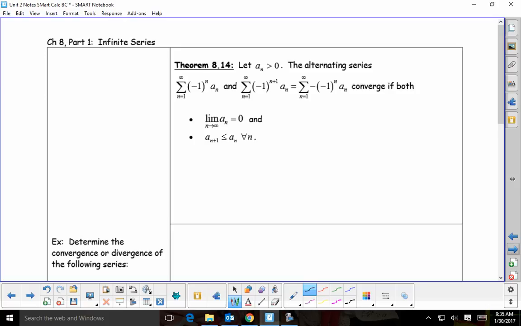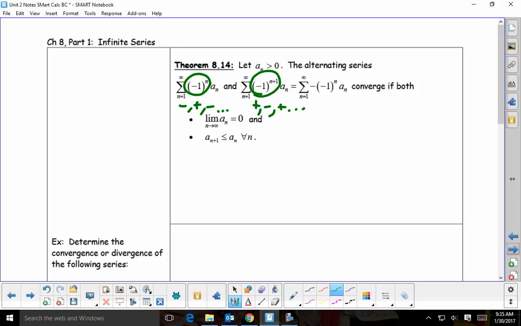The alternating series is basically when I see this term right here, or I could have that. What happens is I plug in 1, 2, 3, 4. What does that do? It makes it go positive, negative, or negative, positive, or positive, negative, positive.